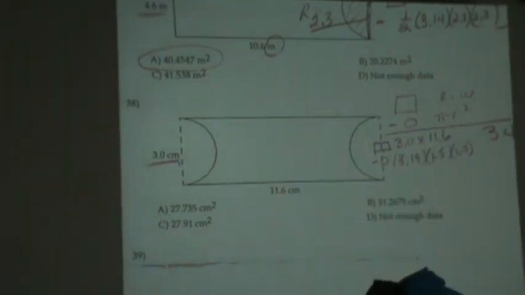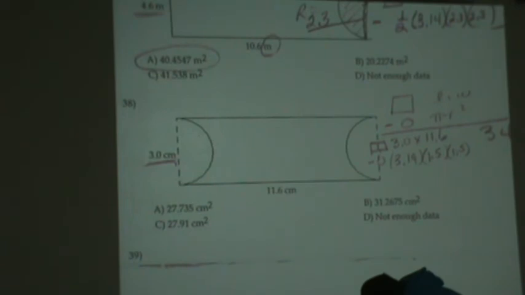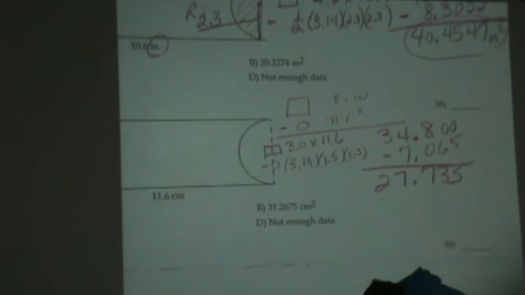So what's our radius? 1.5. 3.14 times 1.5 times 1.5 is 7.065. Subtract that full circle from 34.8. 27.735. What's our units? Centimeters squared, because it's area.